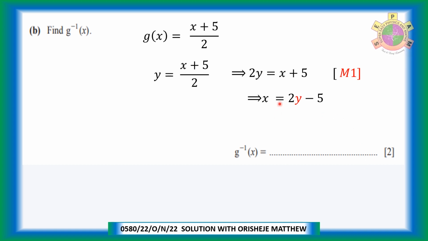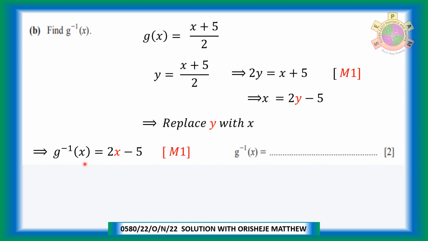To get the inverse function, we also write this in terms of s, so we replace y with s. So the inverse of g of s is equal to 2s take away 5. So that is the way you calculate the inverse function.